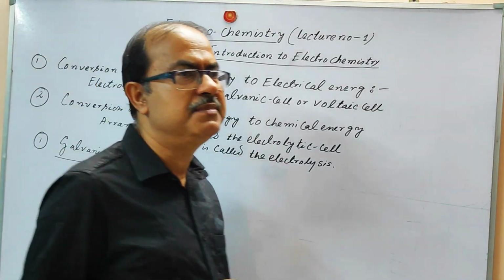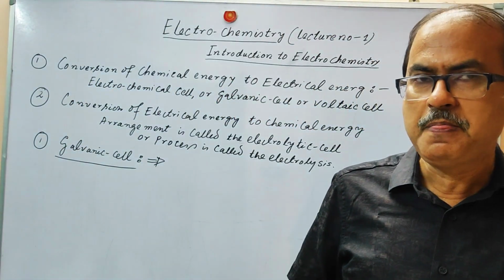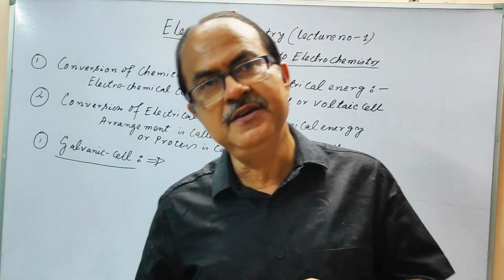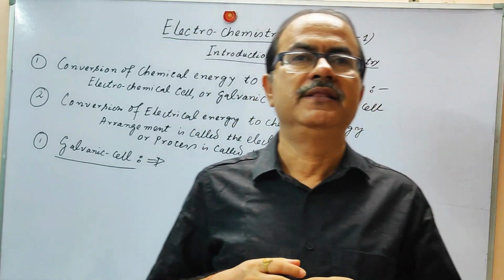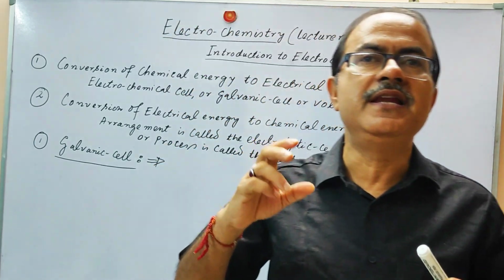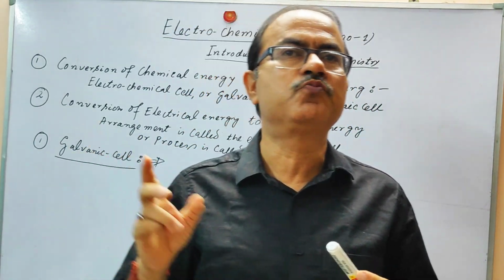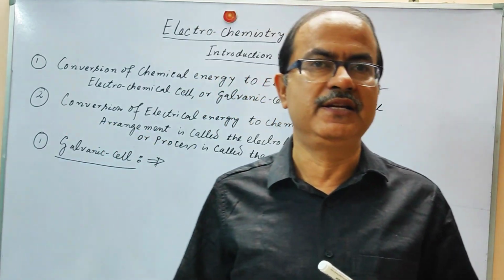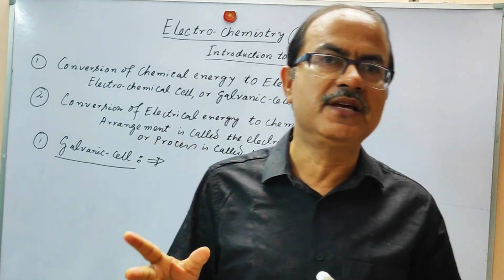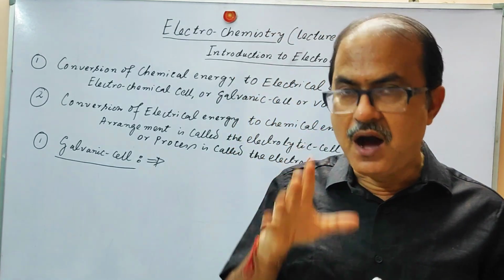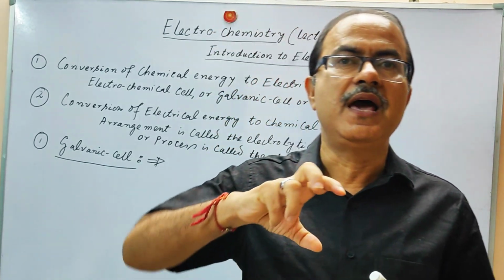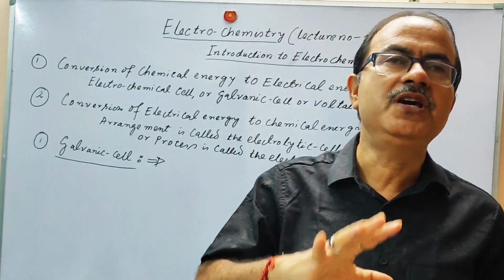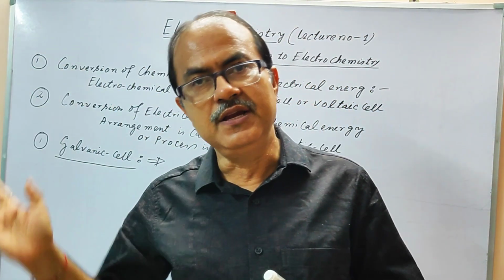A galvanic cell is basically an electrochemical cell which converts chemical energy into electrical energy. Chemical energy is the energy released from a spontaneous redox reaction, which will be converted into electrical energy. In the galvanic cell, we will understand how this chemical energy is converted into electrical energy.